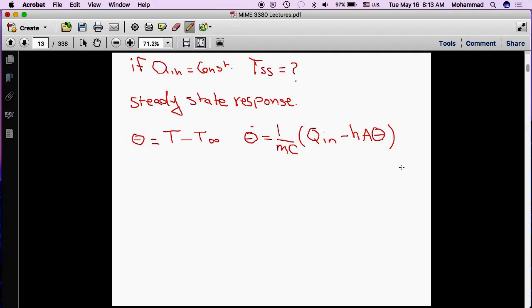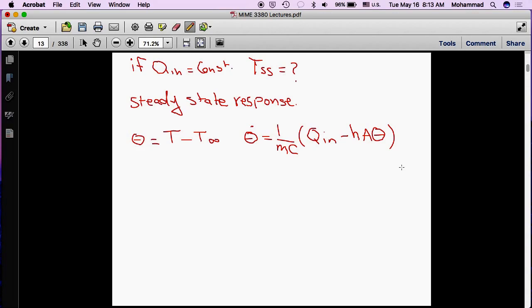Remember, the condition we are simulating is where Qn is equal to 0. So we have some initial value of theta, non-zero, which means the temperature of inside is more than the temperature of outside. If you let this system be on its own, theta will start decreasing. Until when?